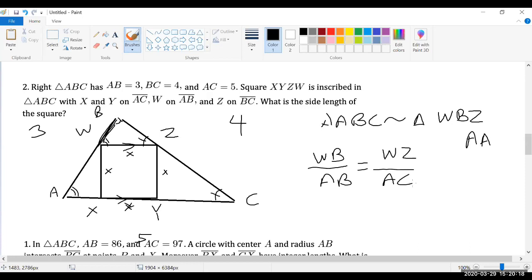Let's see. All right. We don't know WB or WZ, but we do know AB and AC. So WB equals AB, which is 3, times WZ over AC, which is 5. Okay, so that's 3/5 x.